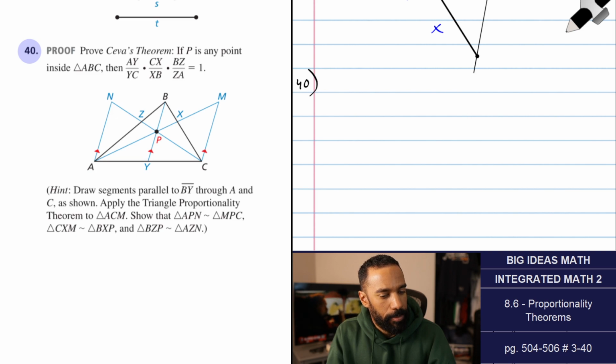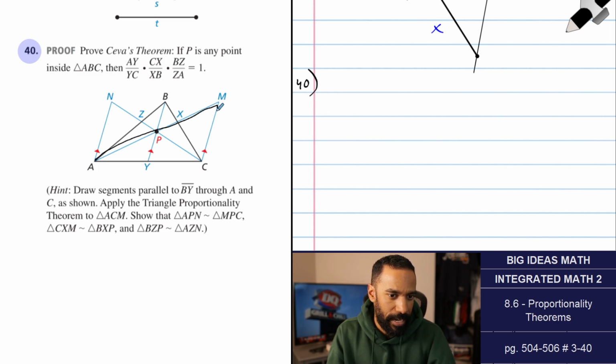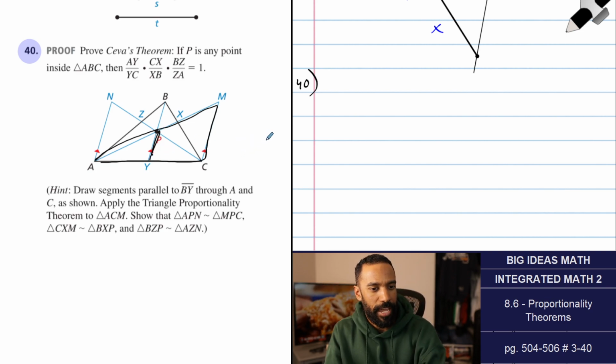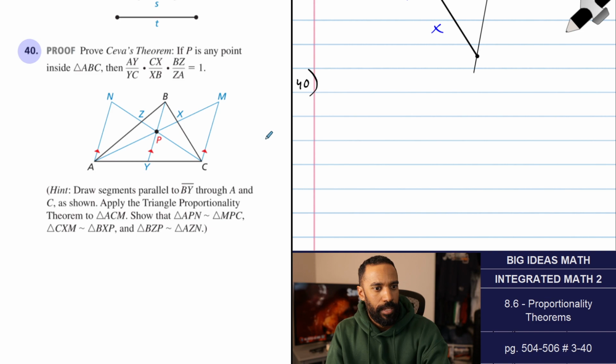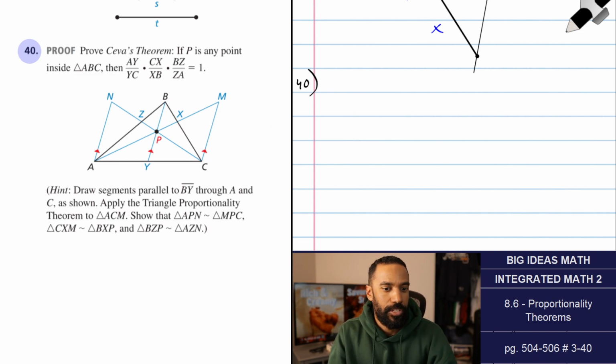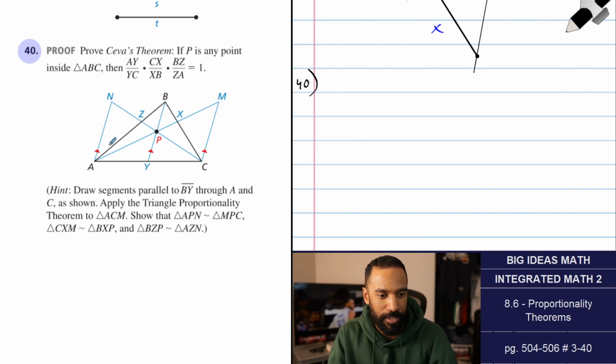Okay. Apply the triangle proportionality theorem to triangle ACM. Okay. Where's, oh, because this part that's parallel. So they're looking at that. Apply the theorem to ACM. Now, I'm unlikely to do a 2-column proof or even paragraph proof. I might just do more math and say them out loud if that's okay.